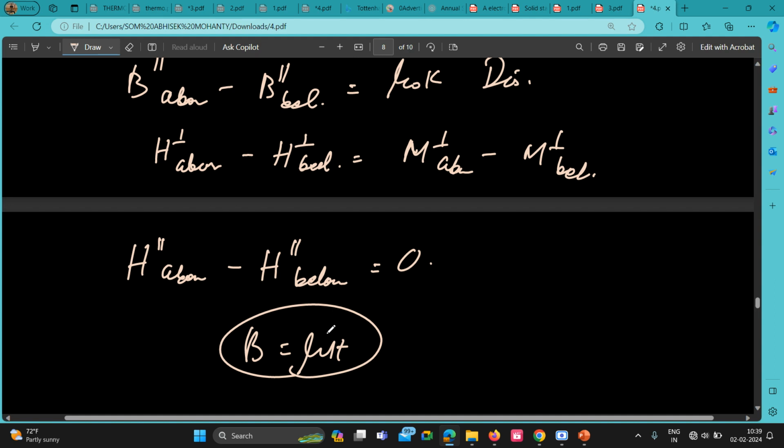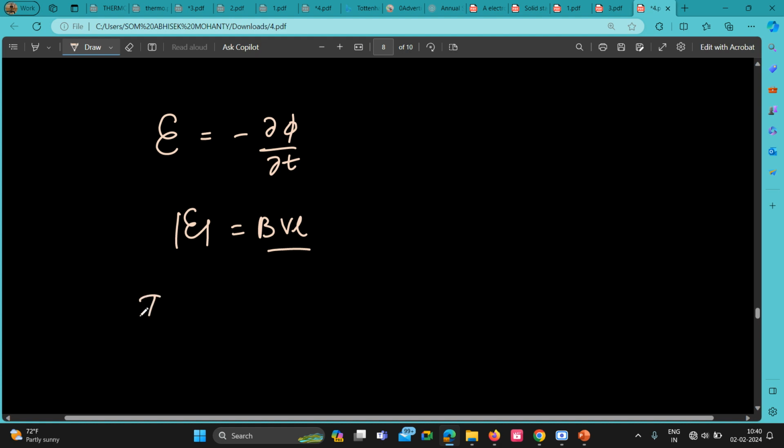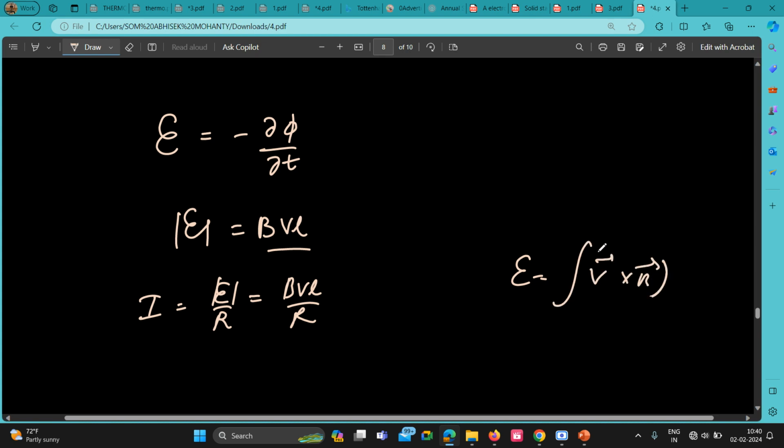Next is electromagnetic induction. This chapter is also an easy one. EMF is equal to minus d phi by dt. EMF can also be written as B v L, and current is E by R, that is B v L by R. Then there is E is equal to minus L dI by dt.